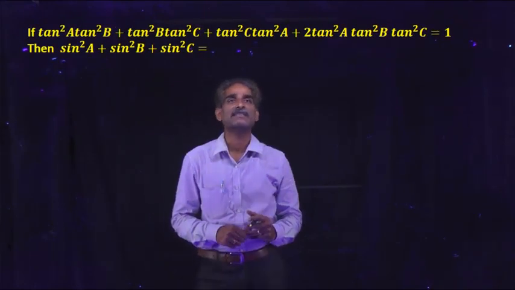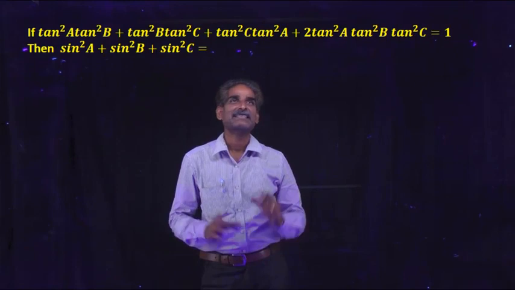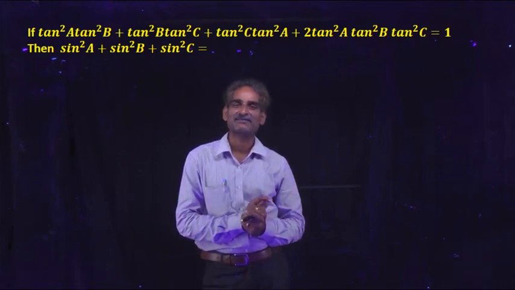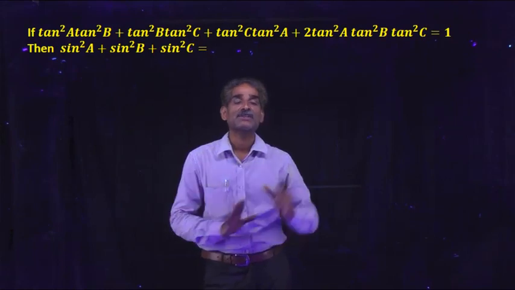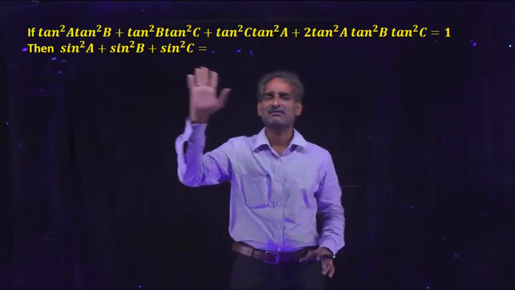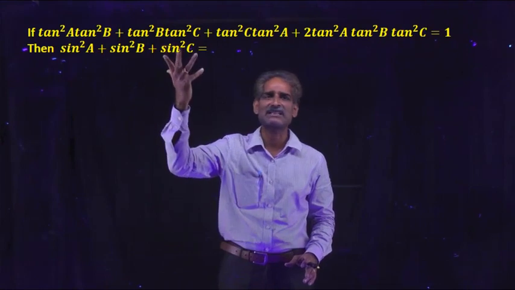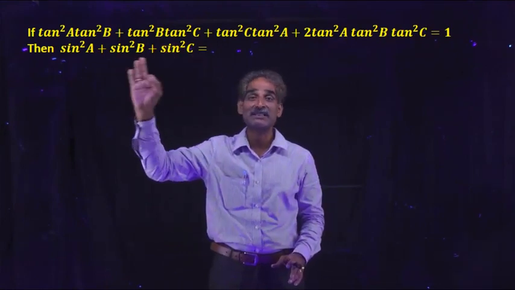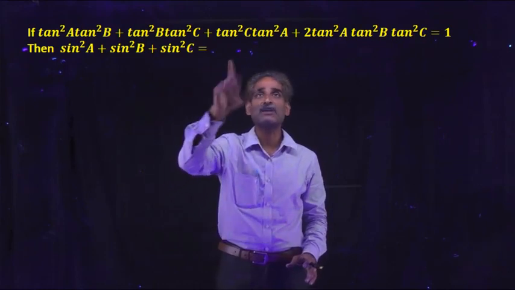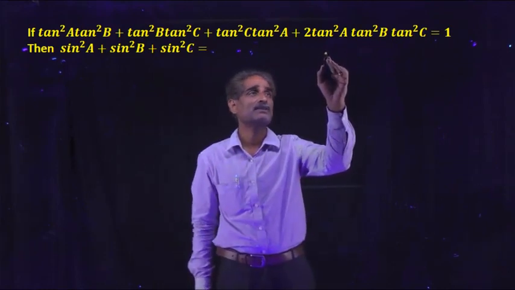So, see this problem. It is a little lengthy, but not difficult. So the approach is very important. Okay, see the expression that is given. The total expression contains tan A, tan B, tan C. That's it. So the given expression is in terms of tan. What is the required one? First write it down.